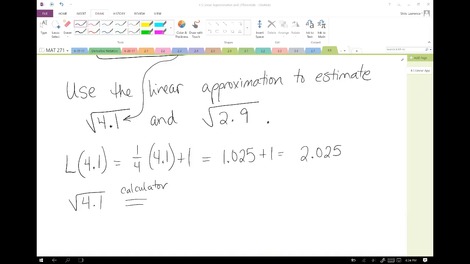Square root of 4.1 according to the calculator is 2.02484567.